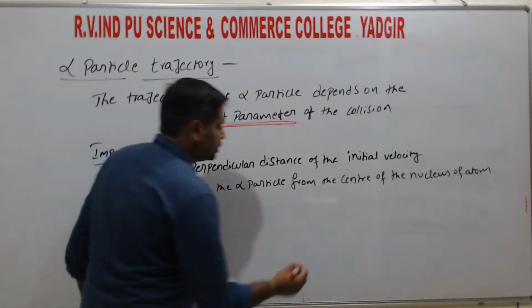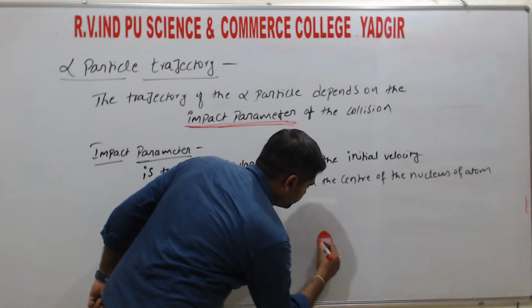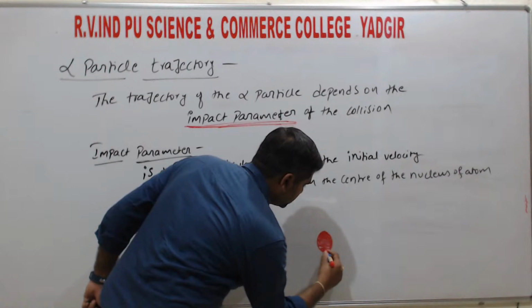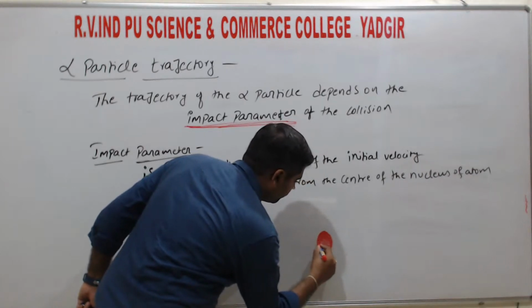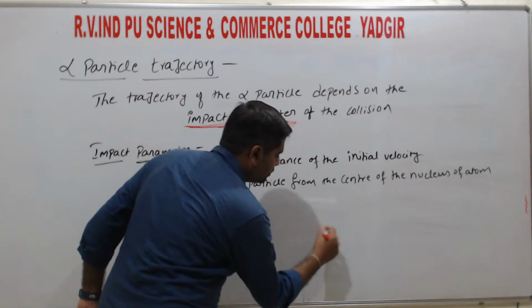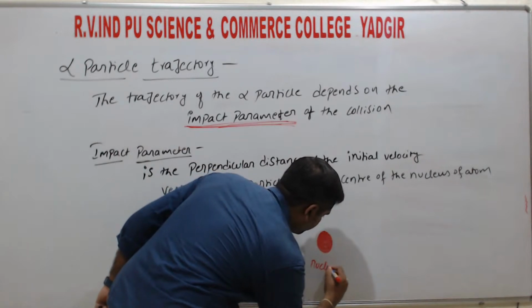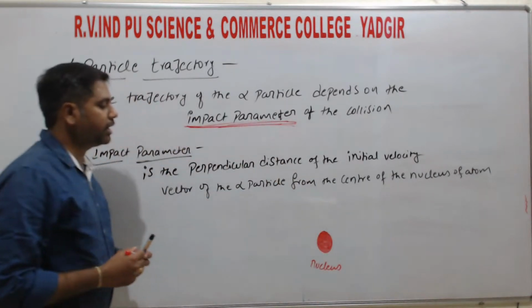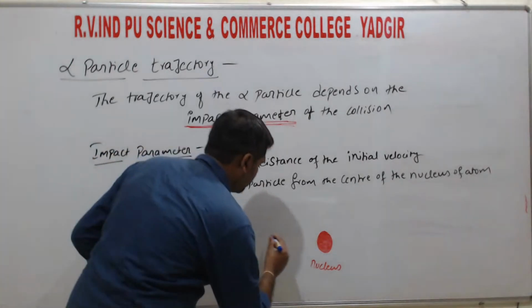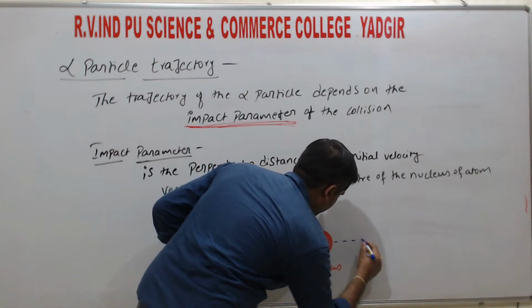What the definition says here: this one is the nucleus. The nucleus is positively charged and the entire mass is accumulated in this volume, right? This one is the nucleus, and this is the axis of the nucleus.